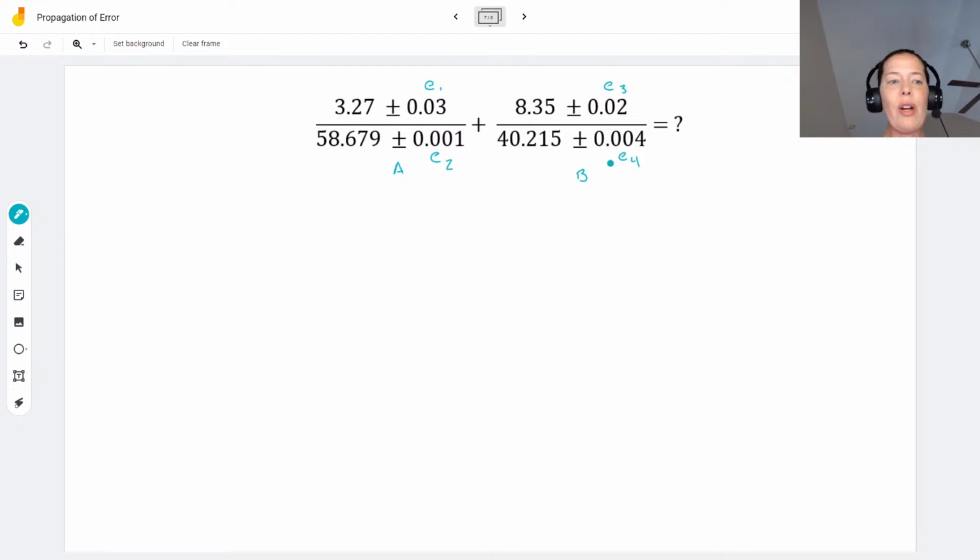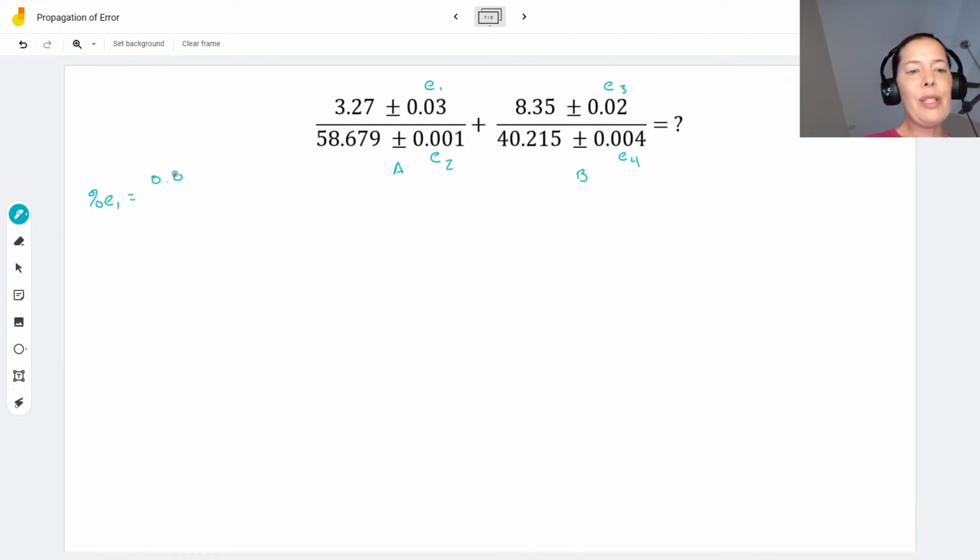All right, so we're starting with term A here, and I'm going to do error 1 and error 2. Because I'm doing division, the first thing I'm going to do is turn error 1 and error 2 into percent relative uncertainties, because these are absolute uncertainties right now. I'll call this percent error 1.